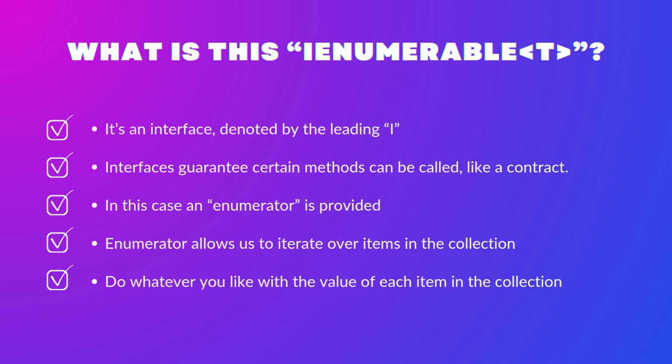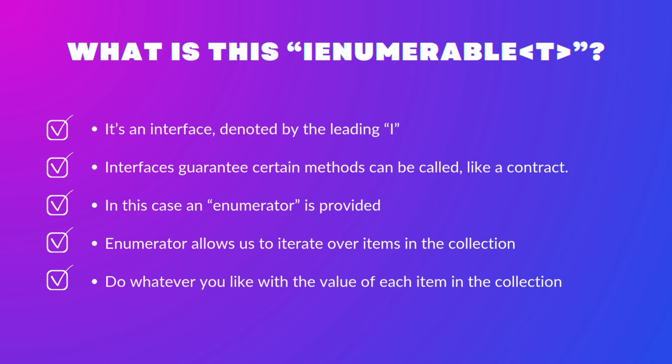Also note that the T in brackets with the interface name is something we call a generic. The T here is just a placeholder for any actual type. It could be of type integer, string, custom type, you name it. Without going too far off topic and talking about interfaces, I will say they're kind of like a contract. They guarantee that certain methods will be available from any classes that implement these interfaces.